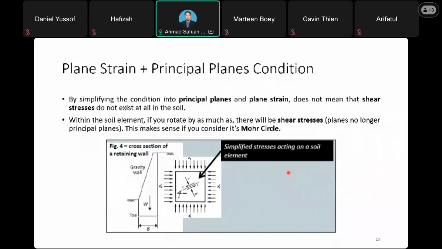This makes sense if you consider the Mohr circle. So to include the shear stress in our analysis, we need to use the approach of plotting the Mohr circle.